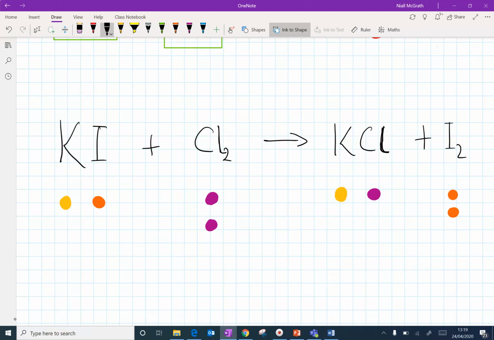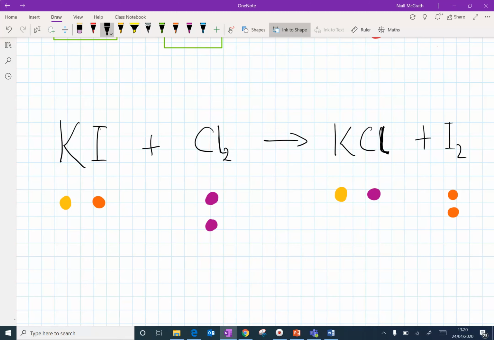Just so there's no confusion between the L's and the I's. Now, if we look at either of them, to be honest, let's go with the iodine just because it's by itself on the right hand side.